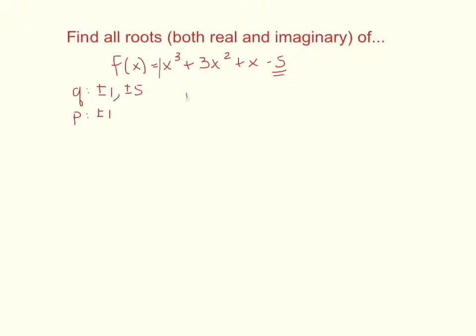So for this problem, the possible roots are just 1 over 1 gets us 1, and 5 over 1 gets us 5. So we have 4 possible rational roots, plus or minus 1, plus or minus 5. So we can use the remainder theorem to test.